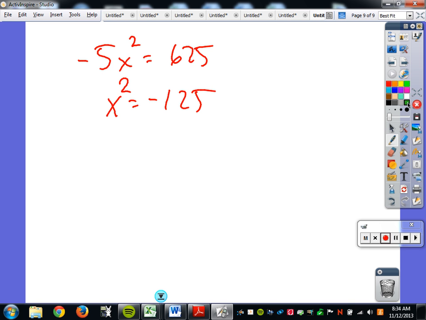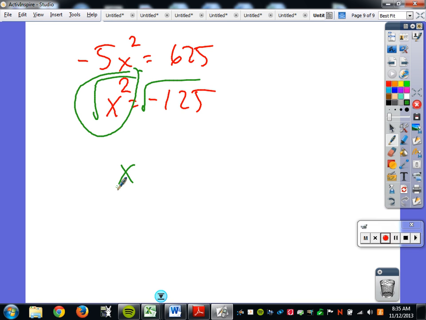Why are we taking the square root? Because that's how we get rid of this power. Let me show you also a reason. Using this skill from transferring from a radical to an exponent, can somebody help me out? What does this mean when I take this now? It's x raised to what power?